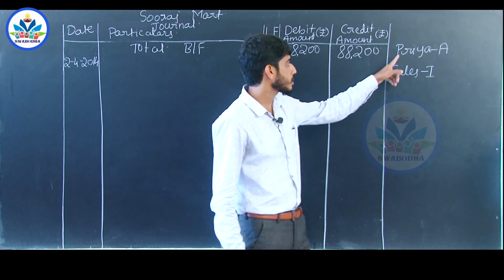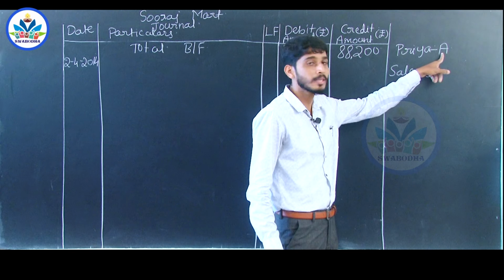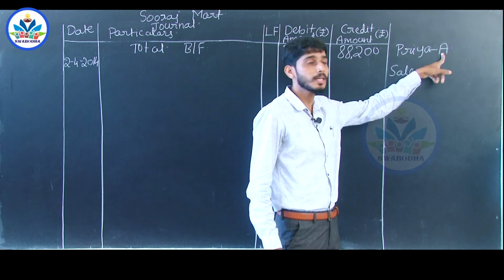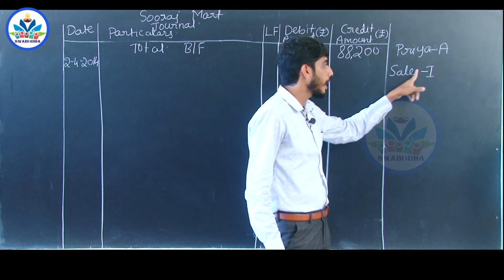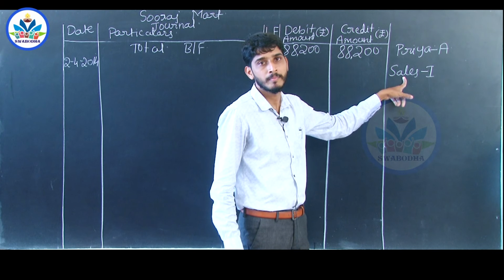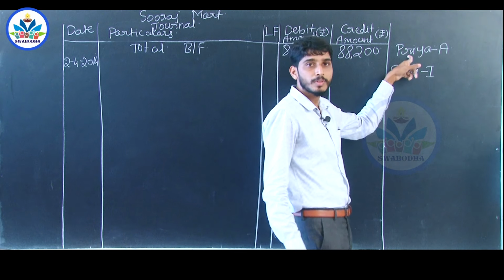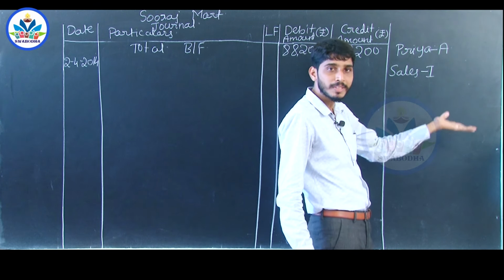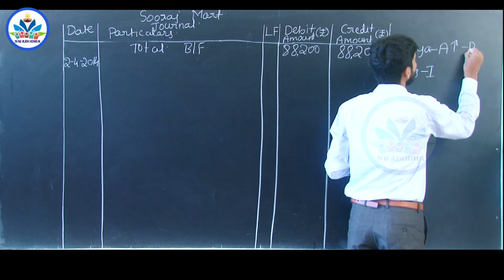Now, the two accounts involved are Priya's account and sales account. Priya is a debtor. We have the right to receive money from Priya. Therefore, it is considered as an asset. Debtor is an asset and sales is an income or a revenue. Since we have the right to receive from Priya and the asset value in the form of debtors increases, Priya's account has to be debited.